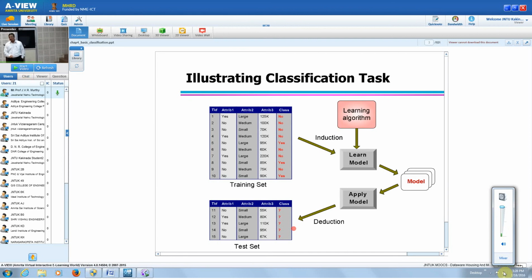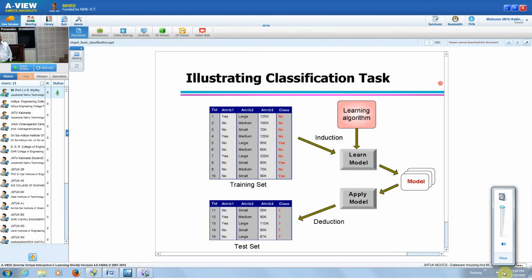You apply this model to the test records and classify them. If the accuracy is within permissible limits, then accept that model. Otherwise, don't accept. That is how the illustration and classification work.